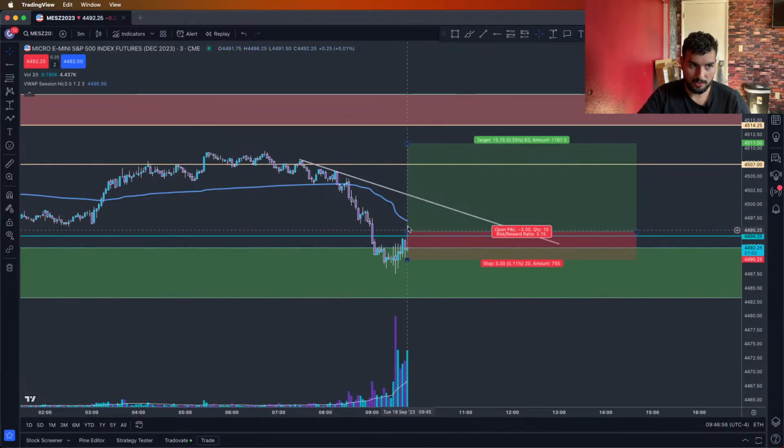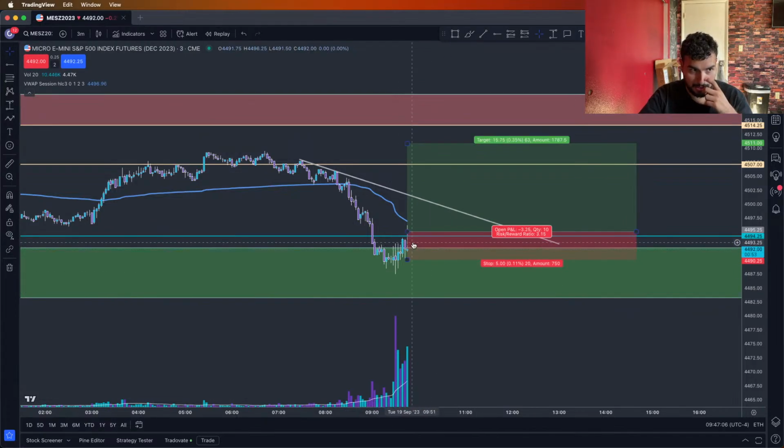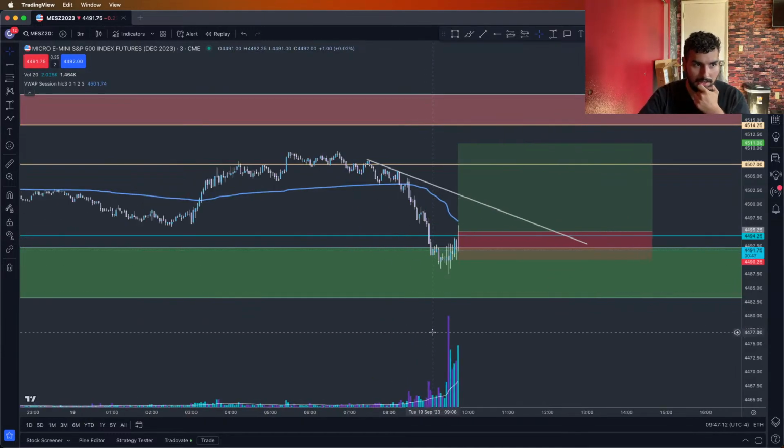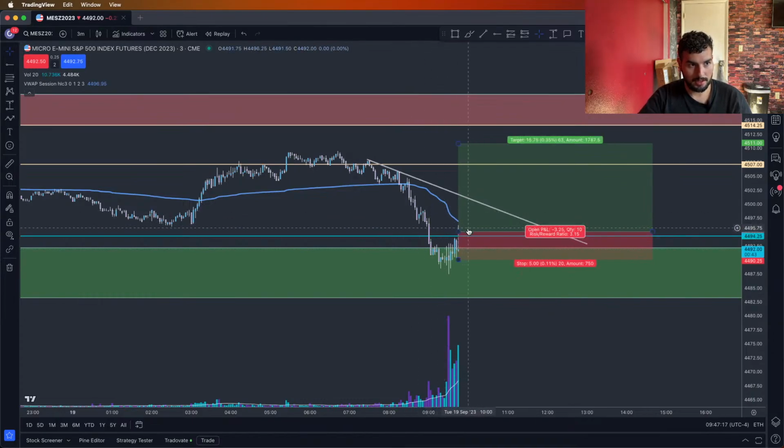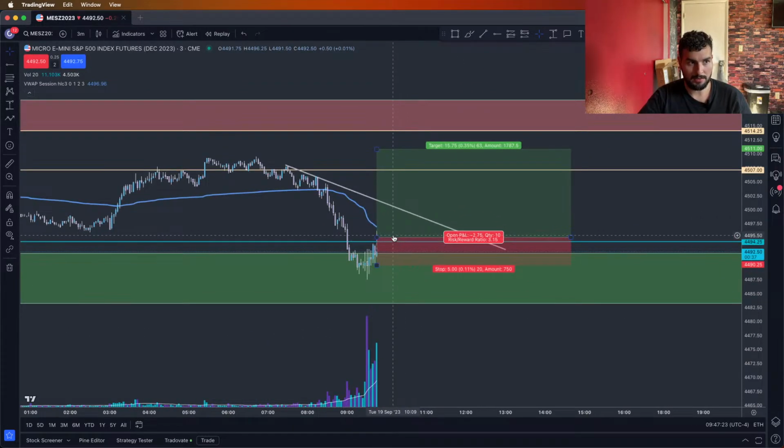Look at how much we moved up all the way to this area, and then we immediately found sellers there, aggressively moving us right back down to where we were. So let's say I took the buy there, I already would have been down because I probably would have gotten filled somewhere around here. So that's why I'd rather wait for us to break above this level, hold this level as support, and then take a trade based off of that confirmation.